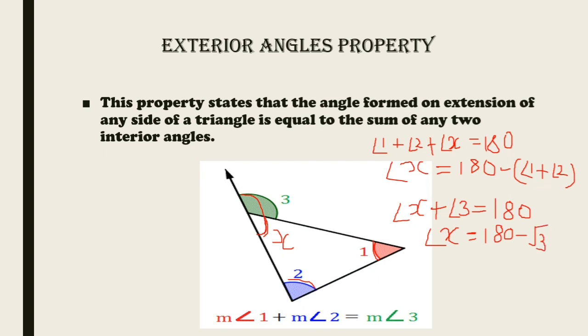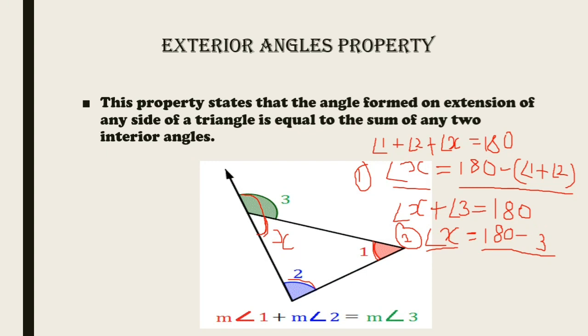So from equation 1 and equation 2, what we get: LHS in equation 1 is angle x, and in equation 2 it is also angle x. In equation 1, RHS is 180 minus (angle 1 plus angle 2), and in equation 2, RHS is 180 minus angle 3.